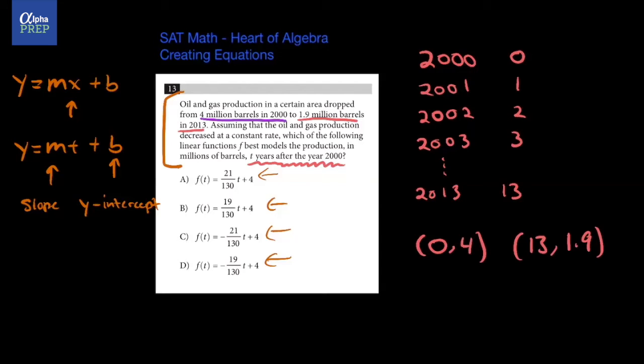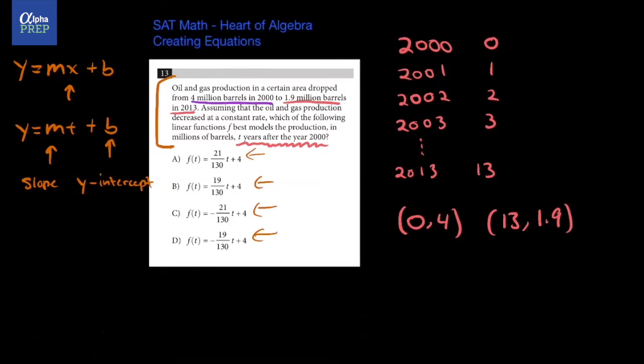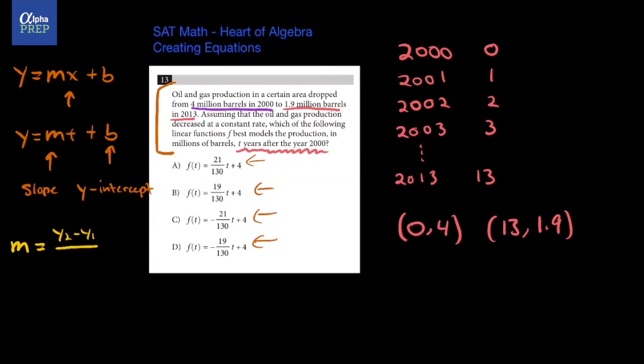So the first thing that we want to do to write that equation is just to find the slope. So we have 2 ordered pairs here, and we can use those ordered pairs to find the slope of the line using the slope formula. And you guys probably remember the slope formula as something like this: m is equal to y2 minus y1 over x2 minus x1.